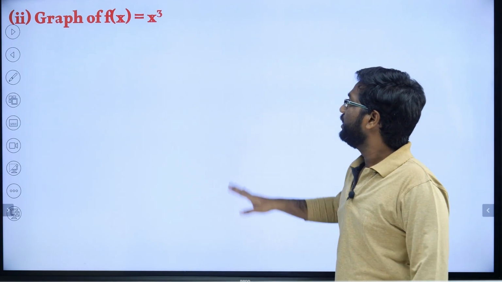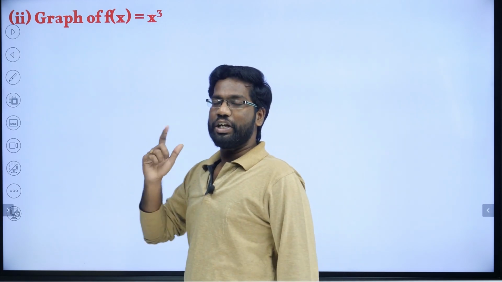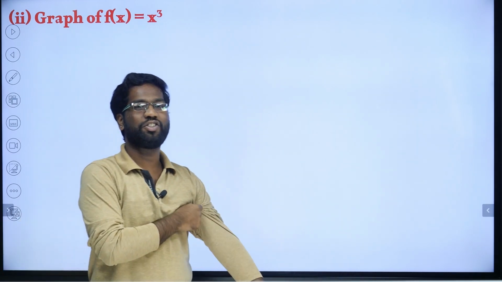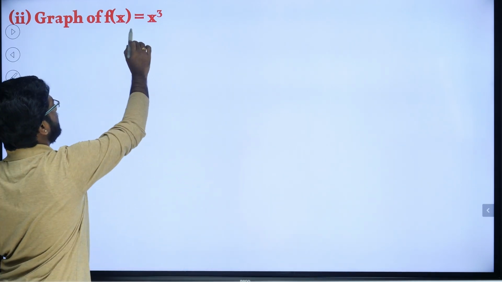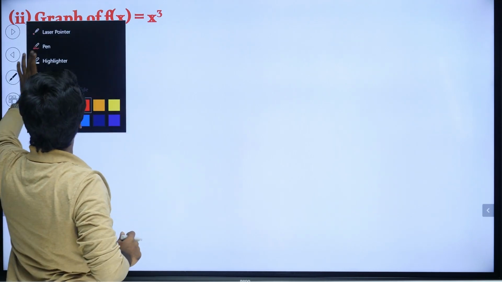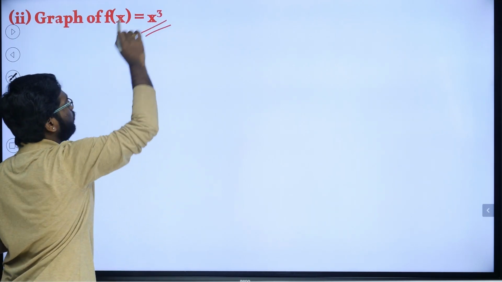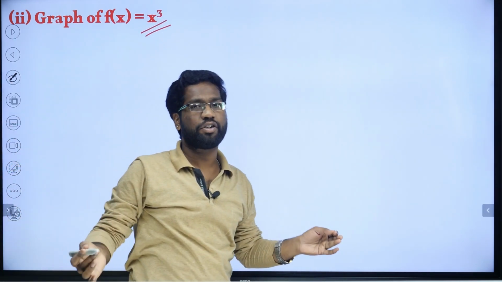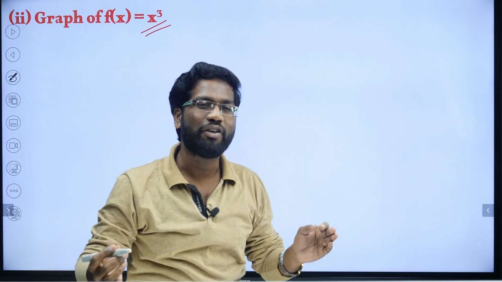Okay. So now our hero of the day, our hero of this lecture, is the x cube function, my dear students. First let's see how we can draw the graph. Plotting the graph is very easy.